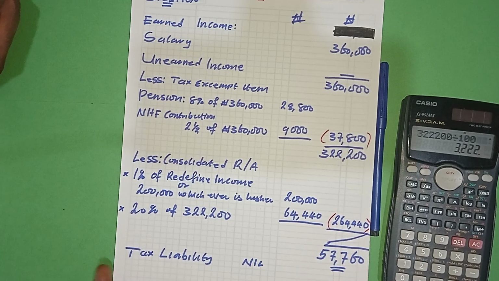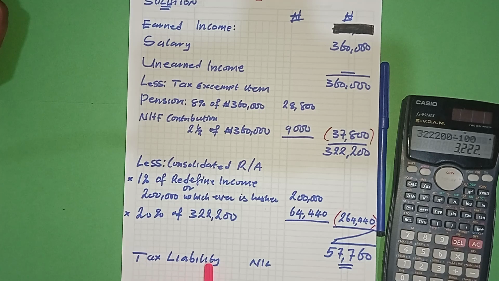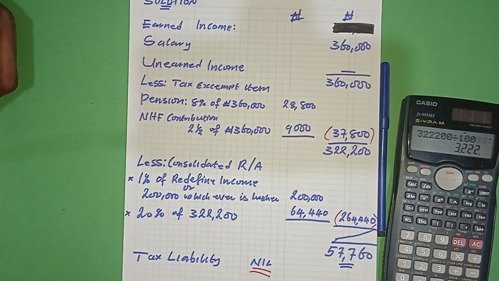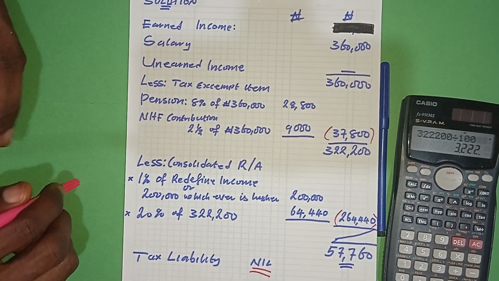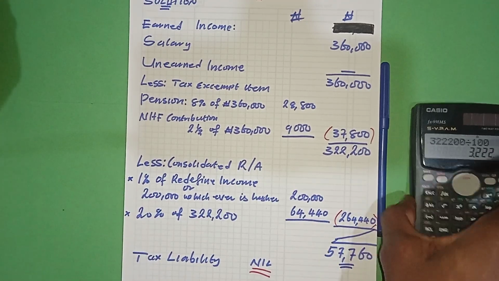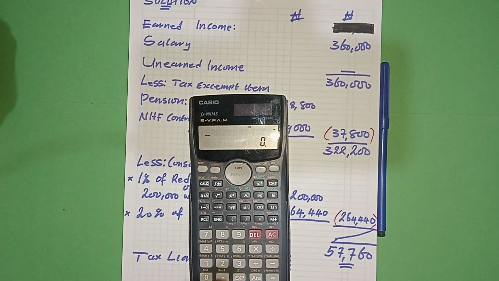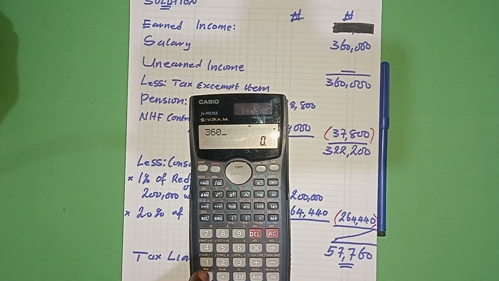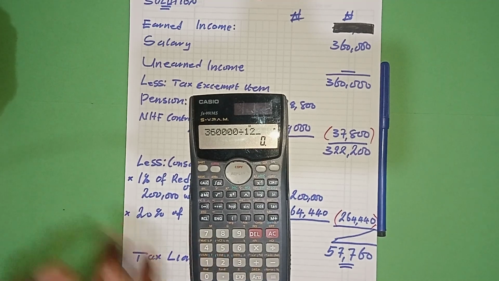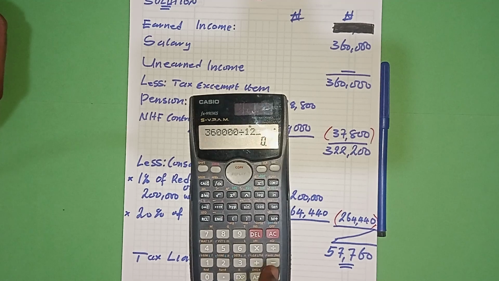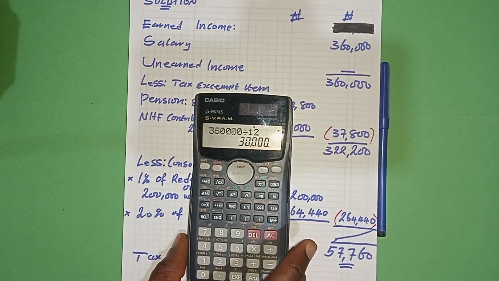But in this case, the tax liability is nil. Do you know why it is nil? Now, if you check this amount, 360,000 divided by 12, 12 months in a year, will give you 30,000 naira.